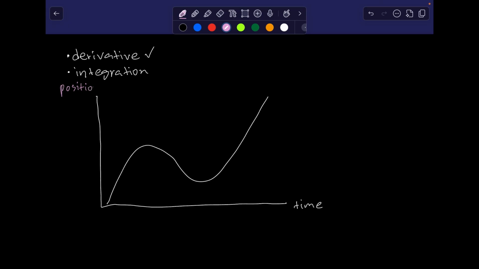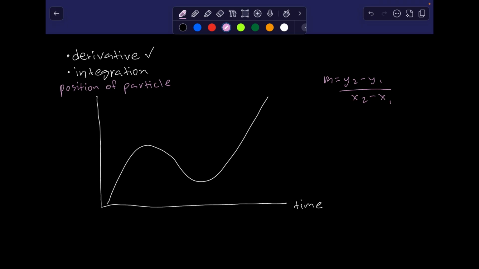Position of the particle. If we want to find the speed of that particle at any particular point, we would have to estimate using secant lines, which is essentially just using the slope formula between 2 points that are pretty close to the point you're trying to estimate.